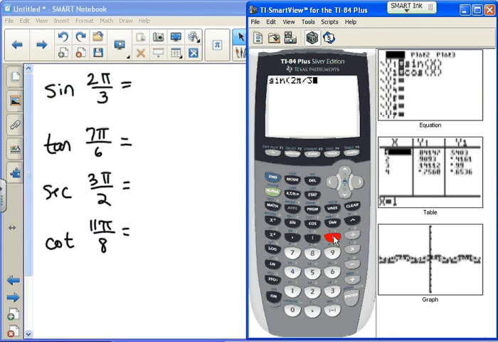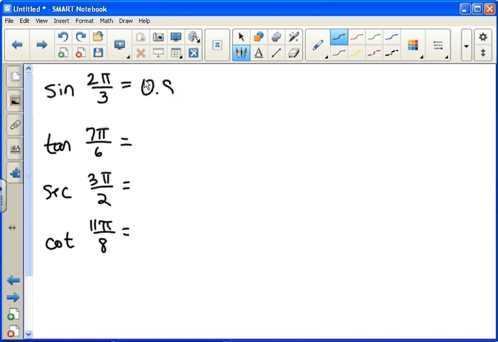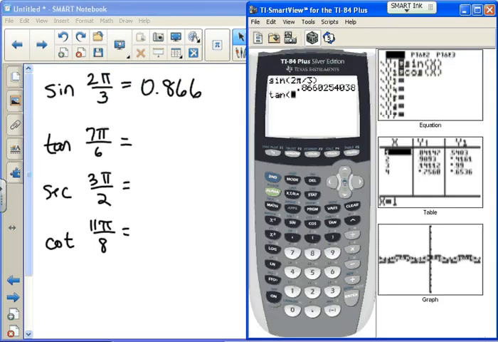And I get 0.866. Tangent of 7 pi over 6 gives us 0.577.